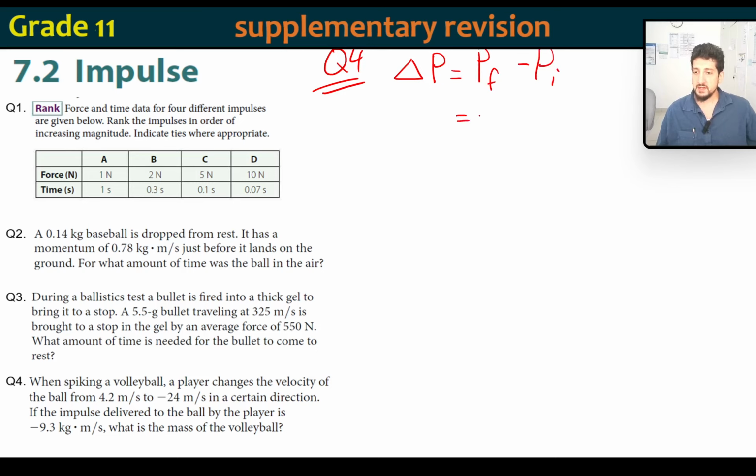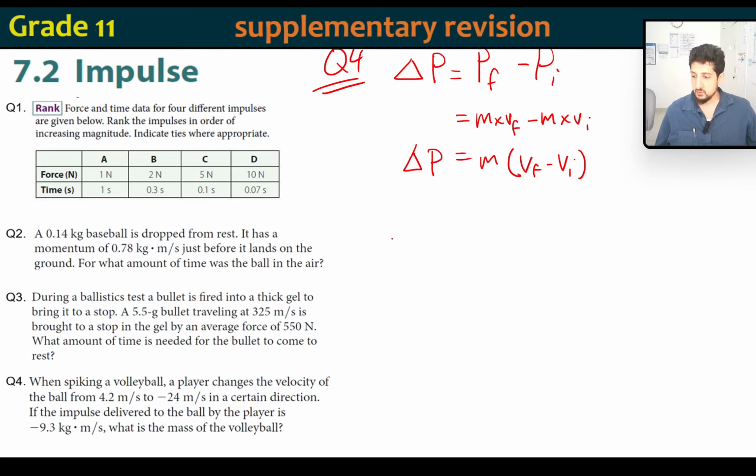And remember that equals m times V final minus m times V initial, which equals m times (Vf minus Vi), because mass is the same, if you know your mathematics. And so we know that that is the formula for change in momentum, or impulse, just like force times change in time. They are both the same.